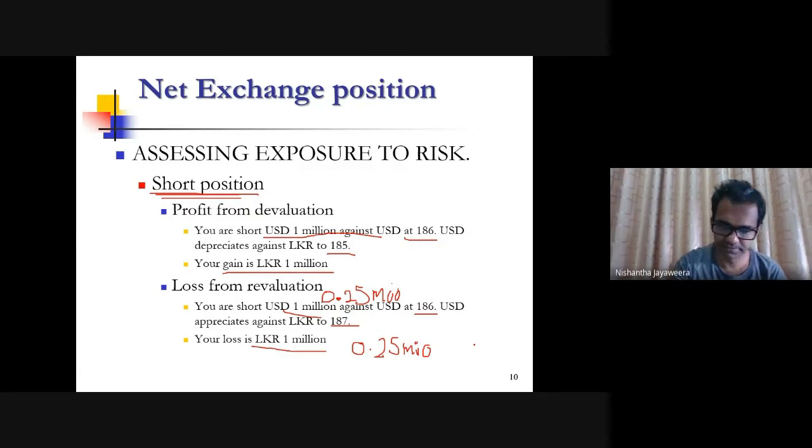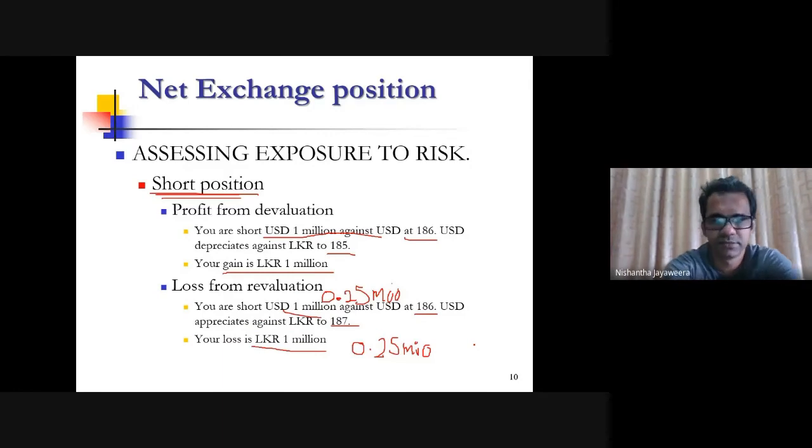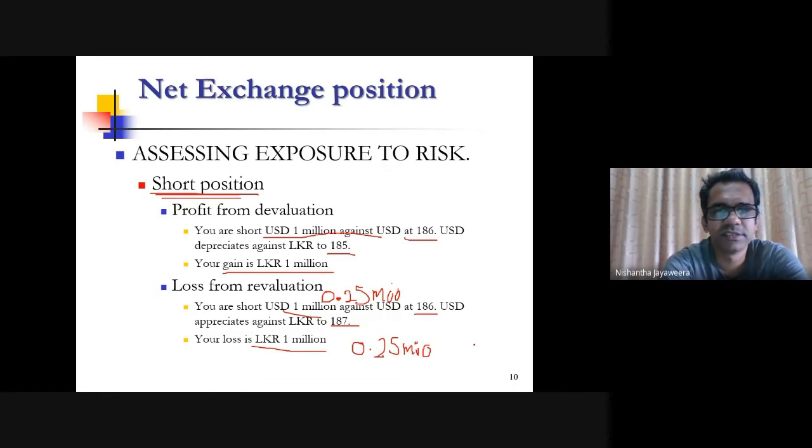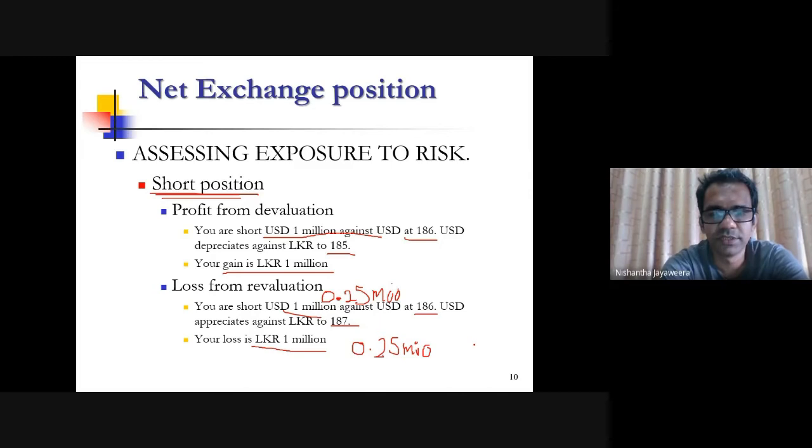Is it clear? Not a big calculation. Take the net open position, take whatever the change in the rupee amount is, and apply that change to the net open position amount. You get the profit or loss in terms of the local currency.